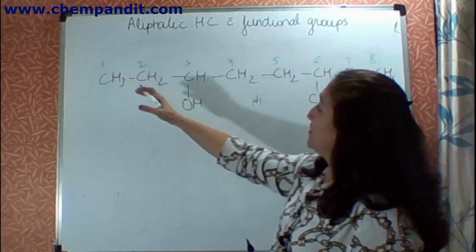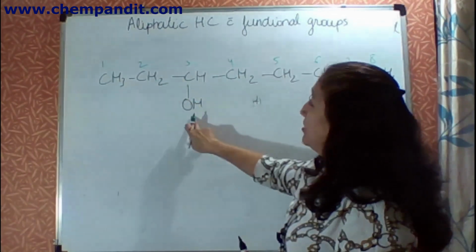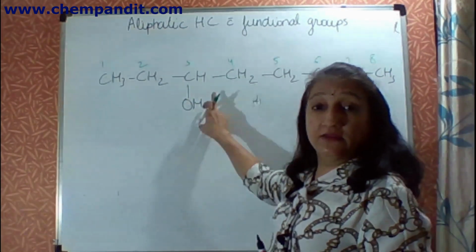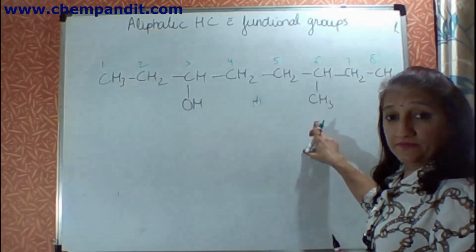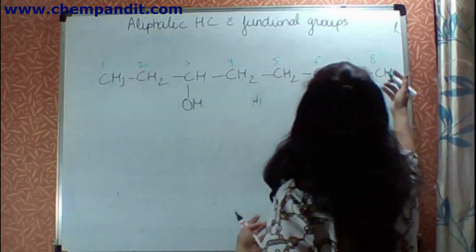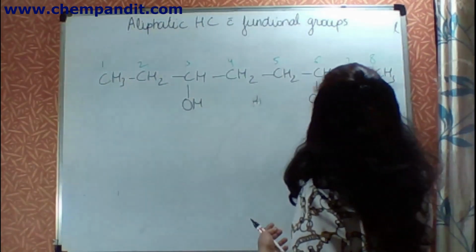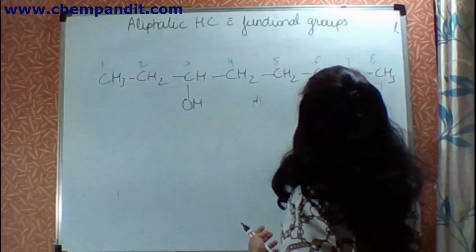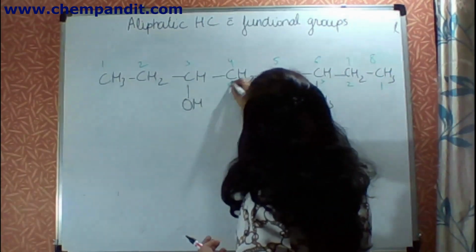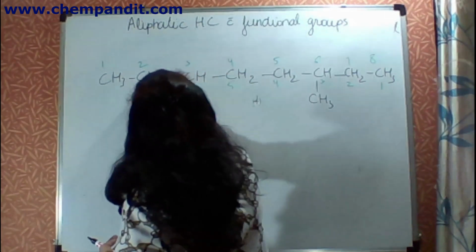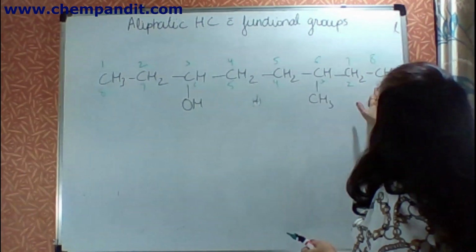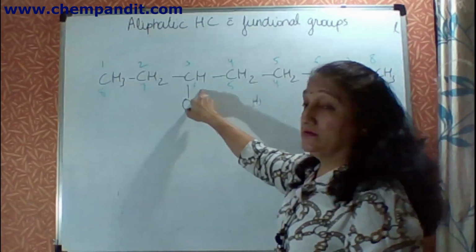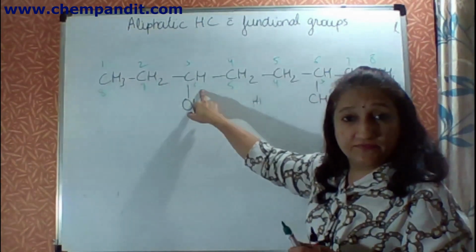Suppose we are numbering it from left to right, the alcohol group is getting the third position and the methyl group is getting the sixth position. Now suppose we number it from right to left. 1, 2, 3, 4, 5, 6, 7, 8. In this case, the functional group is getting position 6.